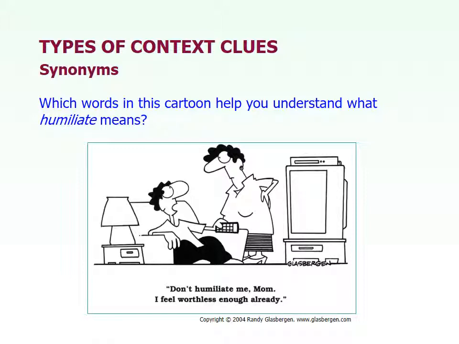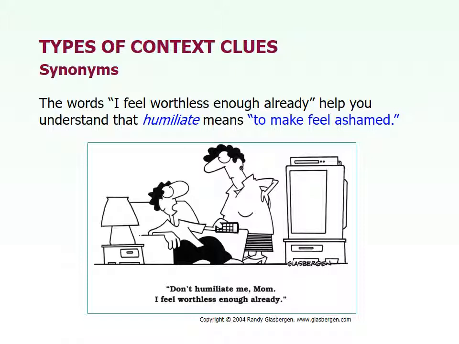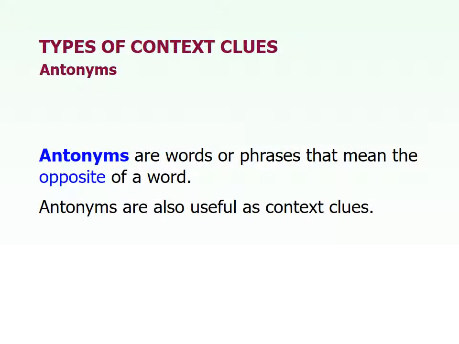The word that we're trying to figure out is humiliate. So we want to look in the second sentence: what word means the same or almost the same as humiliate? That one is going to be feel worthless. So humiliate means to make feel ashamed.